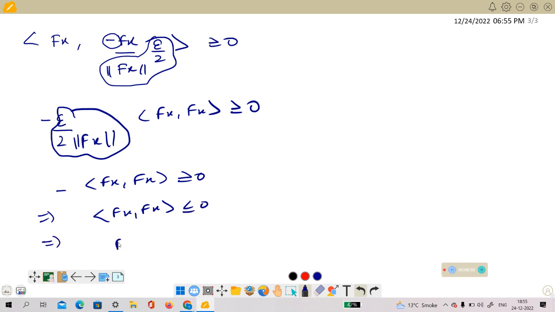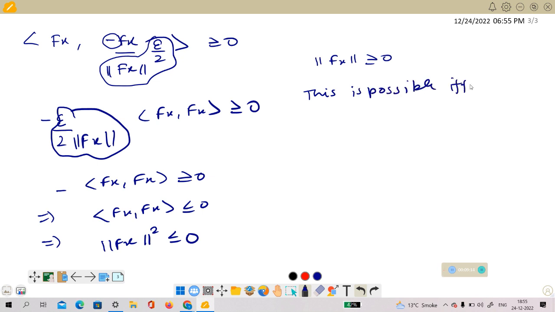This implies that the norm of f(x) squared is negative, but we know that the norm of f(x) is always non-negative. This is possible if and only if f(x) is equal to 0. And we are done with the proof.